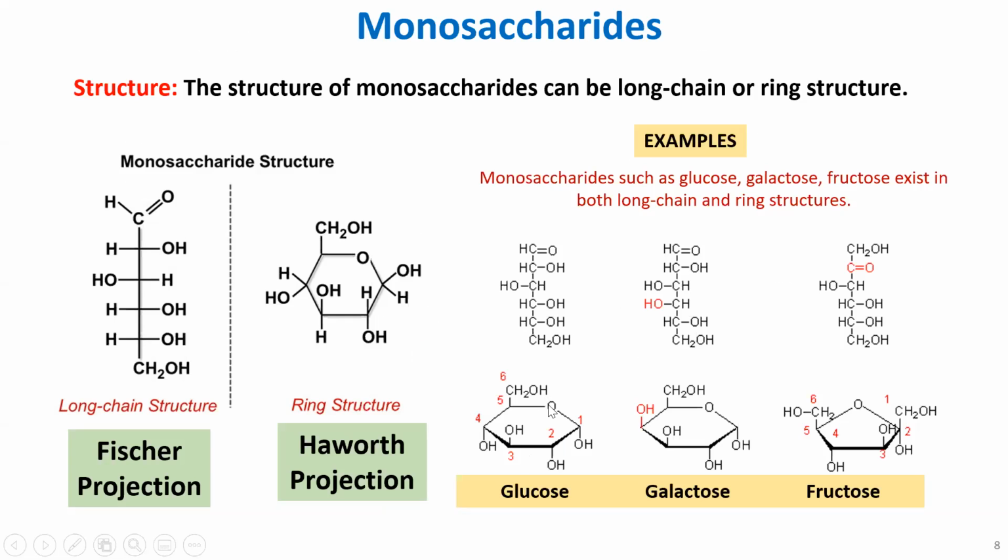Now, this is the ring structure for glucose. Similarly, this is the ring structure for galactose, and this is for fructose. What is shown big on the left side is glucose, and then there are some other examples that are discussed.